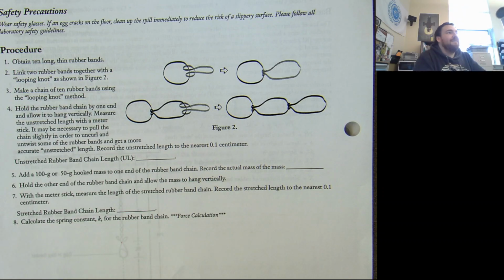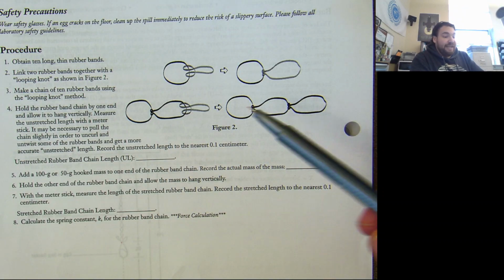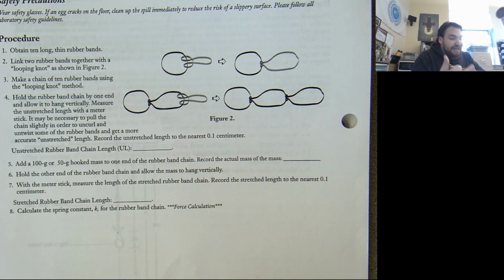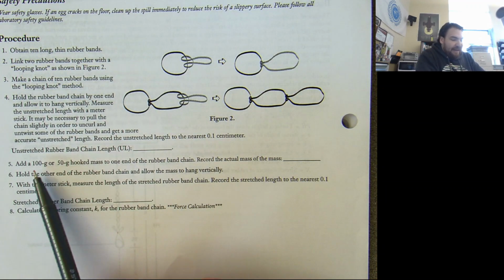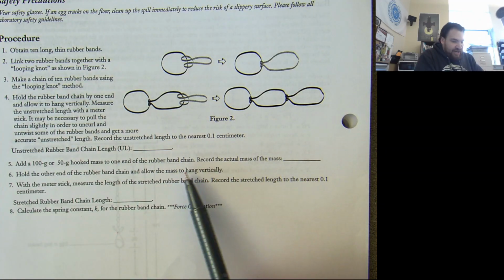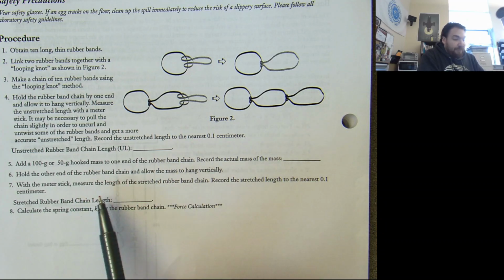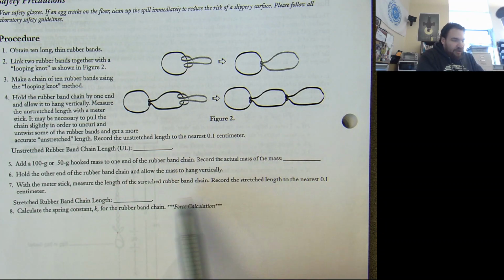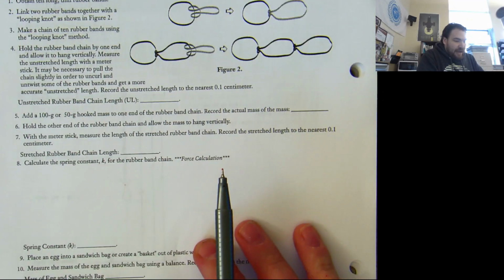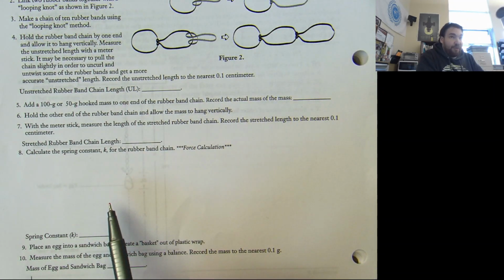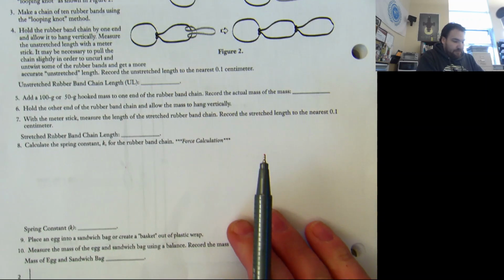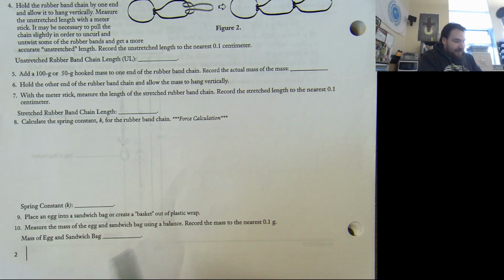There's the evidence. You're going to do it again, but not nearly as involved. You're going to add a mass to the rubber band chain. You're going to record the mass. You're going to hold the rubber band and allow it to hang vertically. You're going to measure the extension. You're going to find the spring constant for that rubber band chain. And it walks you through everything you need to do here.